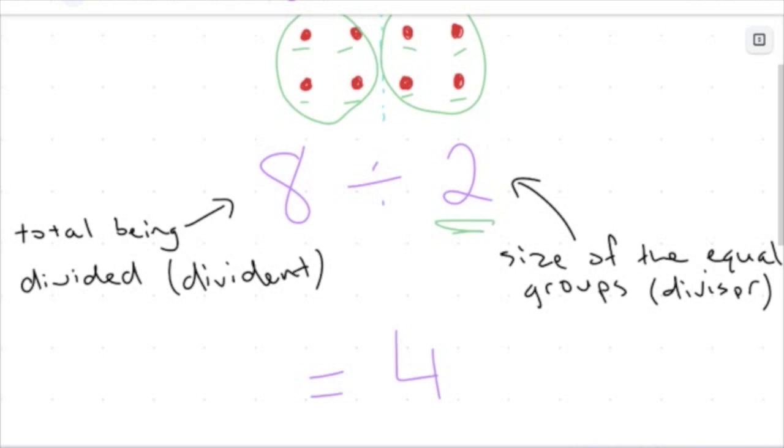So it's pretty much just we take one number and we split it into a certain amount of groups. Now you got to remember this has close ties to multiplication. This is kind of the opposite operation to multiplication because we talked about groups there as well.